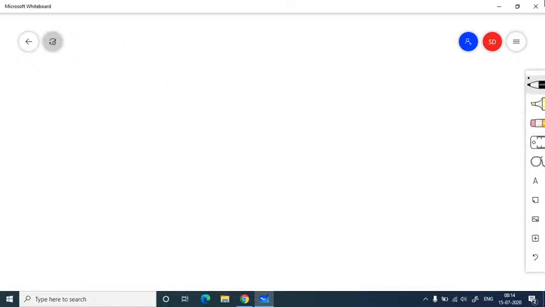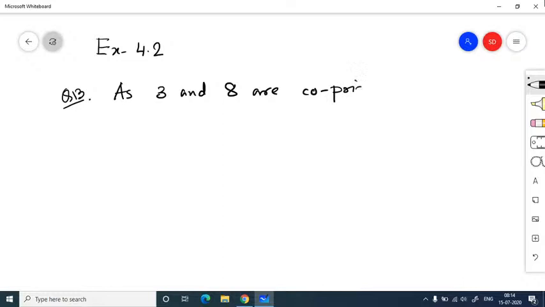So exercise 4.2, question number 13. Okay, so they've said that the number is divisible by 3 and 8. So as 3 and 8 are co-prime numbers, you know what is the meaning of co-prime? They have only 1 as their common factor.